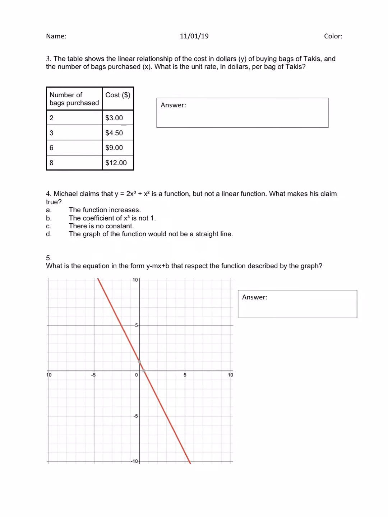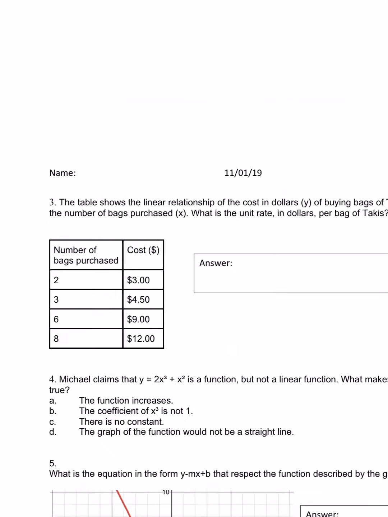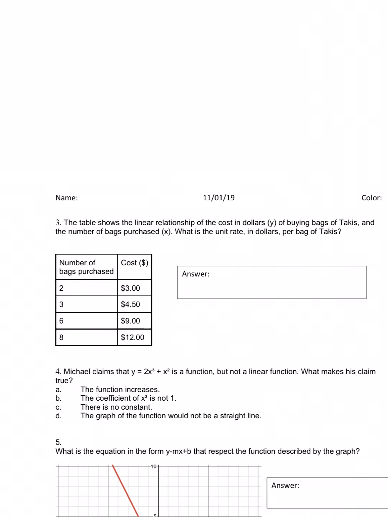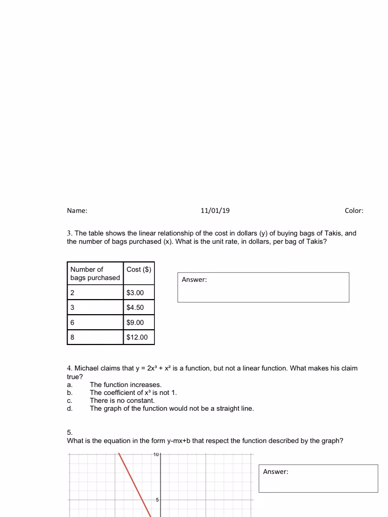Next slide. All right, this one. The table shows the linear relationship of the cost in dollars of buying a bag of Takis and the number of bags purchased. So is there a relationship between the number of bags and the cost?